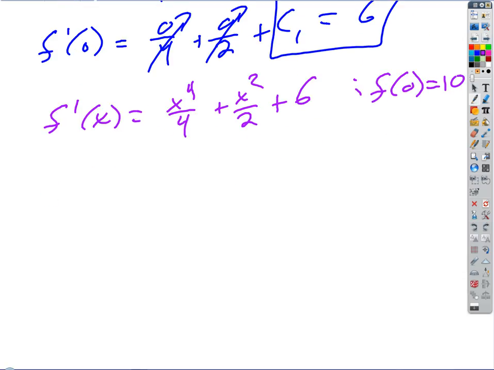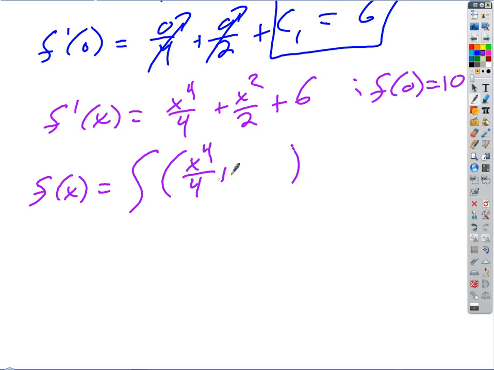Anti-differentiate, right? So f of x equals the integral of all this stuff. So what's that give us? What's the first term going to give us if we take the integral?